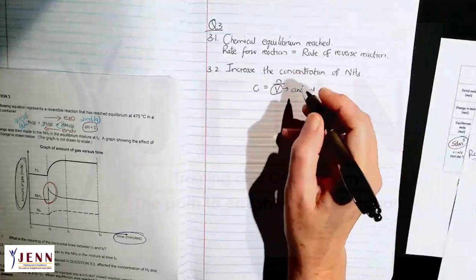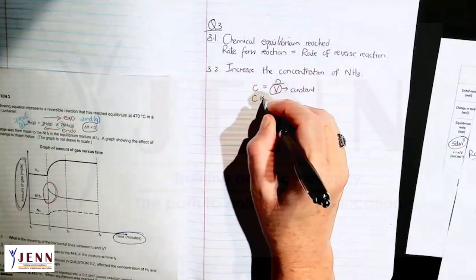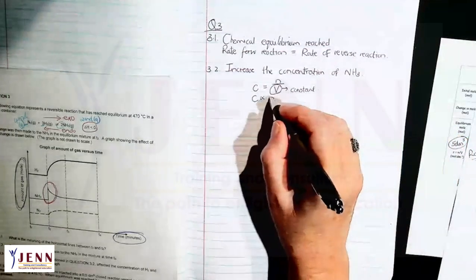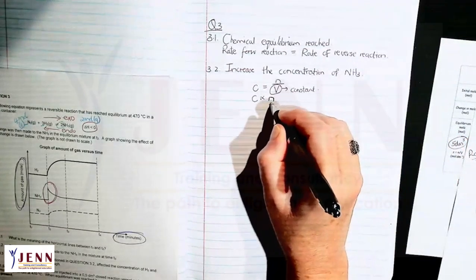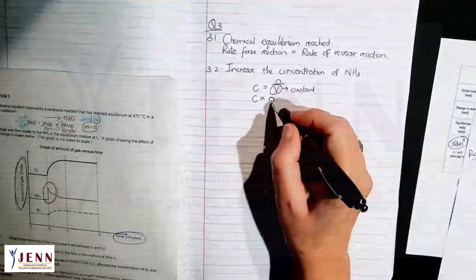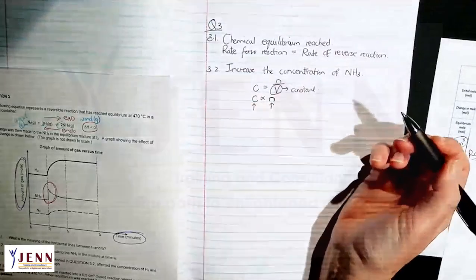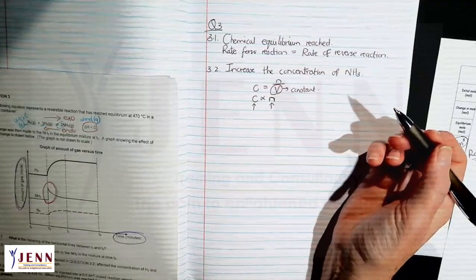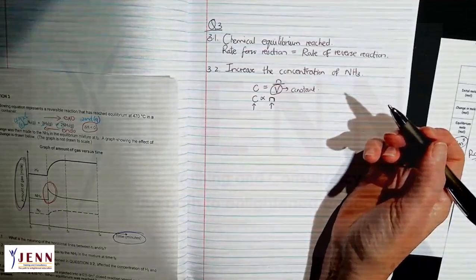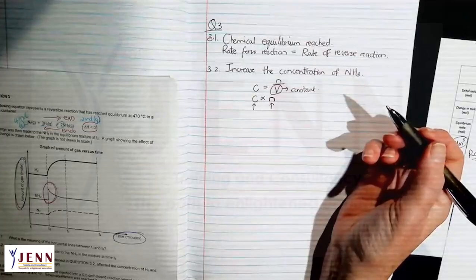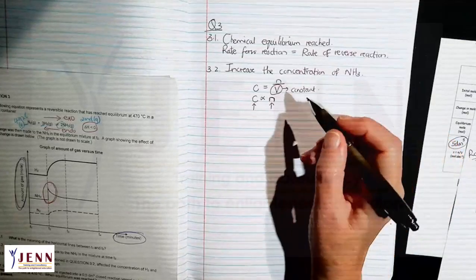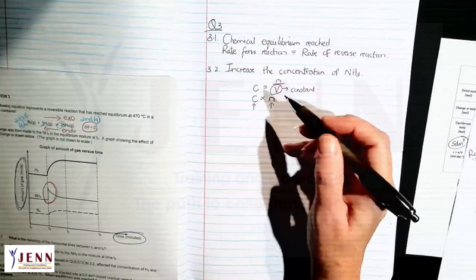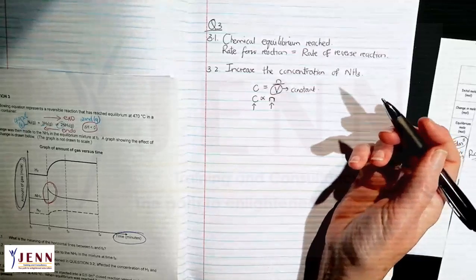So the volume was kept constant. So the concentration is directly proportional to the mole. So if I change the concentration in which I increase the amount of mole, I will also increase the concentration. But the change that I can do to a mixture is only pressure, concentration, or temperature. So I can only use those 3 words. So in this case, I increase the amount of mole, so I increase the concentration.